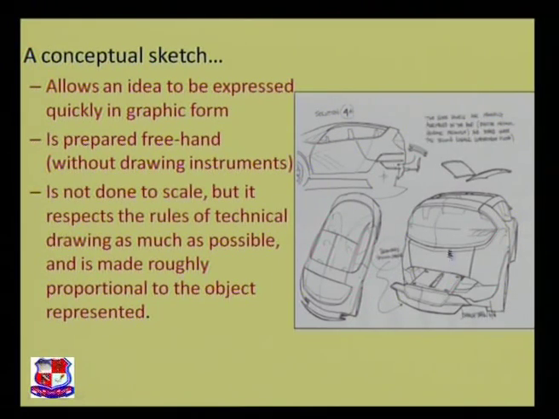Various parameters have been shown in this conceptual drawing. You can see that it looks like the final product, but it does not have a specific scale, and it is not drawn using any drawing instrument. It is drawn roughly using a freehand sketch.